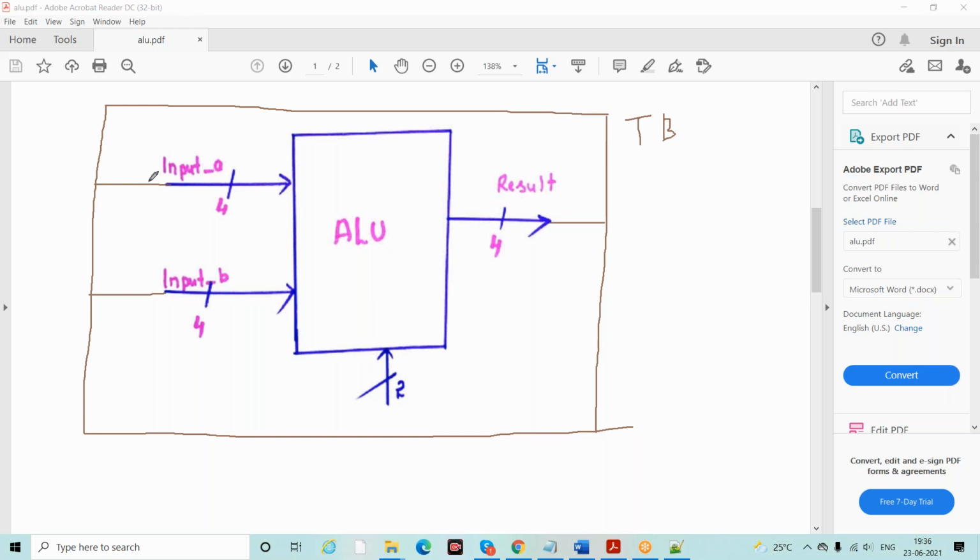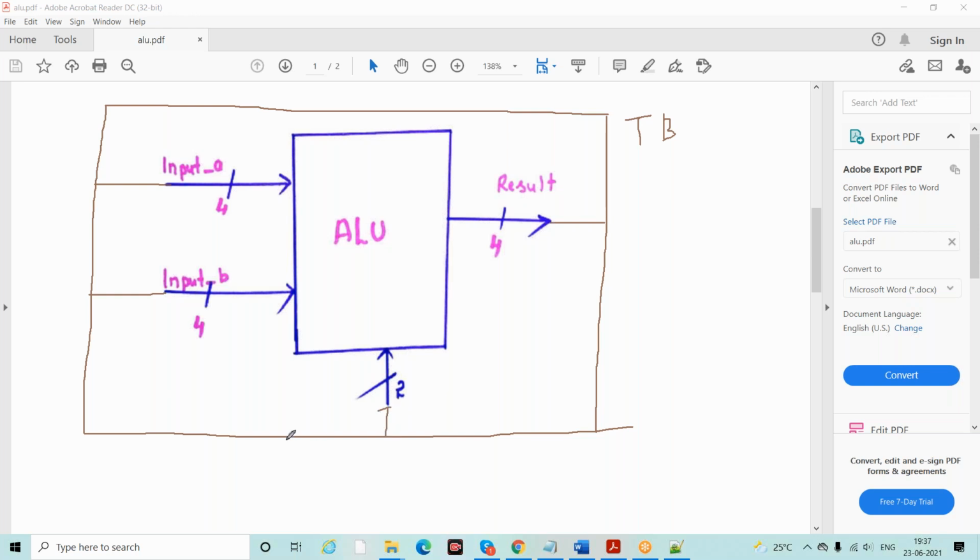For synthesis purposes, the test bench will not go, only the design will go. If it is the same name, it reduces simulation errors or compilation time errors. So this is what I am going to say.